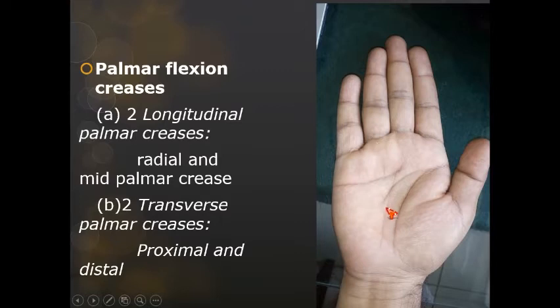There are two longitudinal creases and two transverse creases which we can identify, one proximal and one distal. Here you can see the radial crease, and this is the mid palmar crease, and this is the proximal transverse crease and the distal transverse crease.